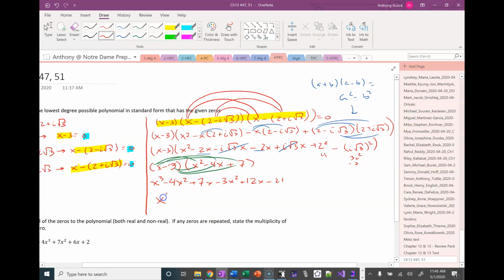So I have x cubed minus 7x squared plus 7x, oops, I meant 19x minus 21. So there's my polynomial. Okay, so the worst part is just kind of doing the multiplication back out. And it's just more annoying than anything else.